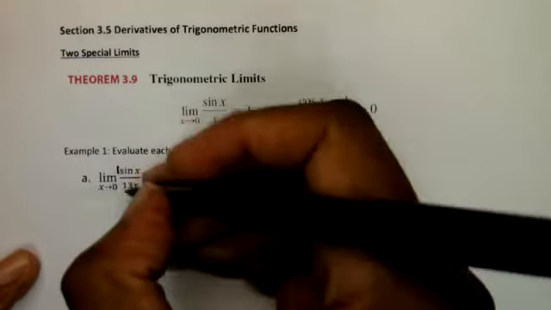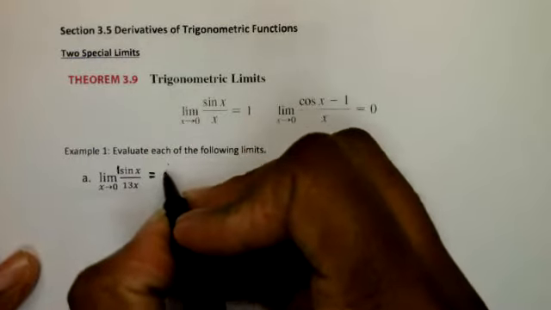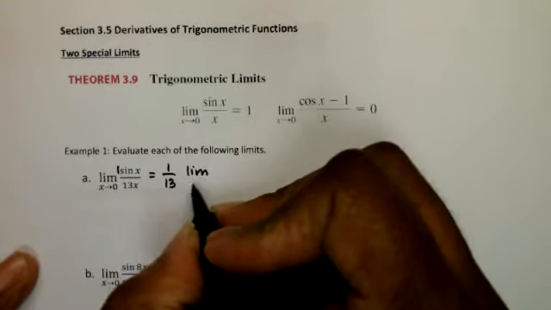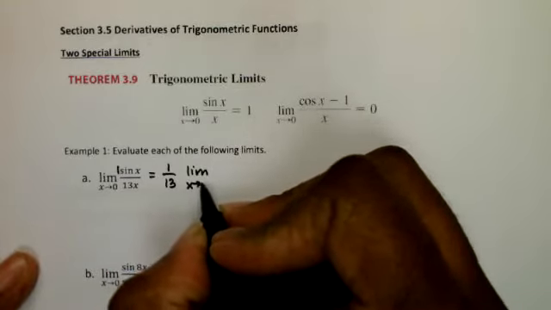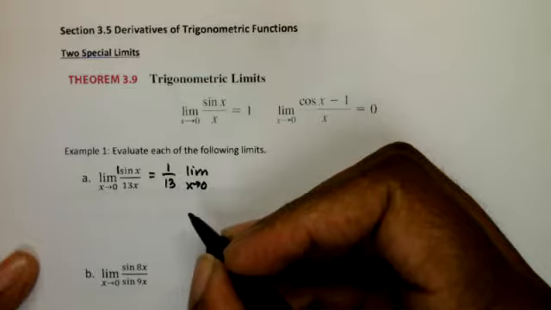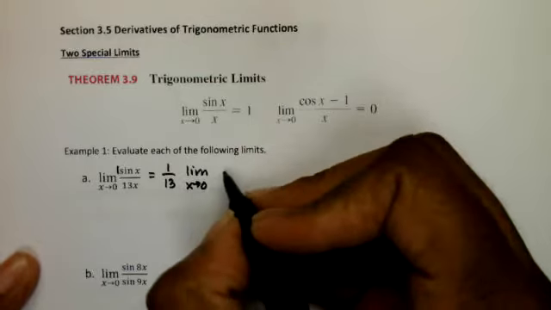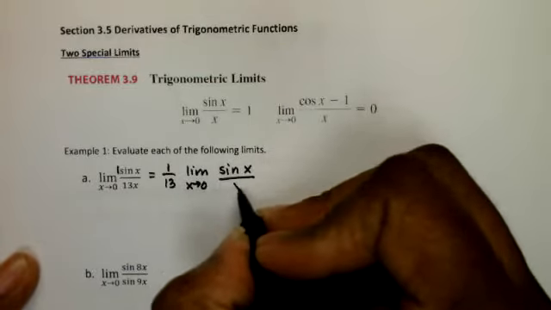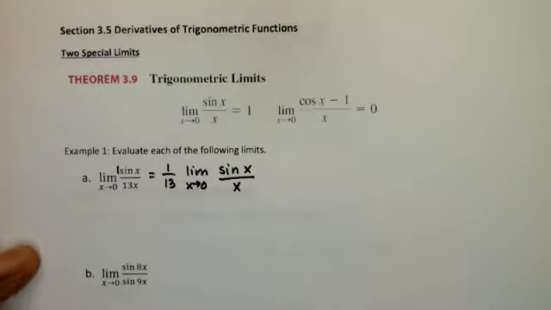So this is like 1 over 13. I'm going to pull the 1/13 out in front, and then I'll have the limit as x approaches 0 of sine x divided by x.